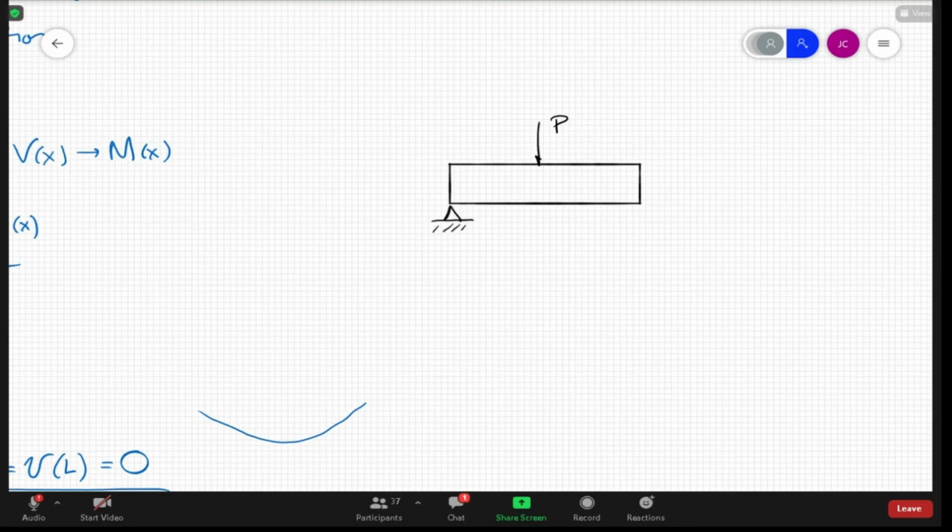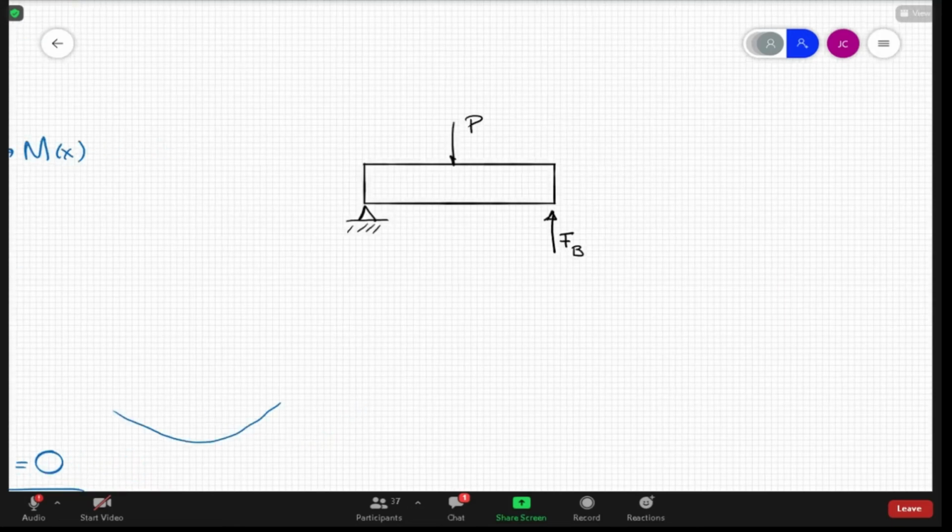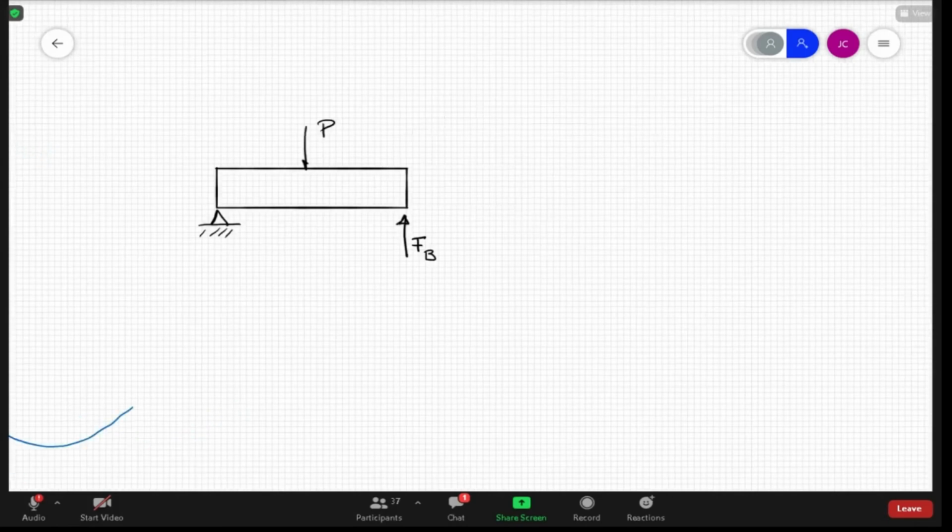Now I'm going to remove the pin on the right side, and I'm going to replace it with a force. I'll leave it as force B for now, okay? And we can do this problem. This is still this problem. Well, actually, I should take that back here. Oh, yeah, I can't do it that way.